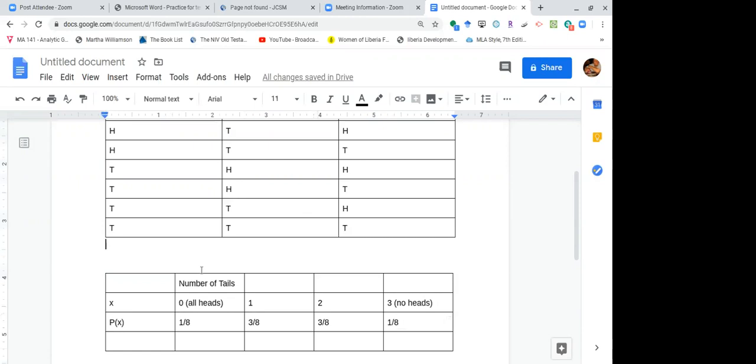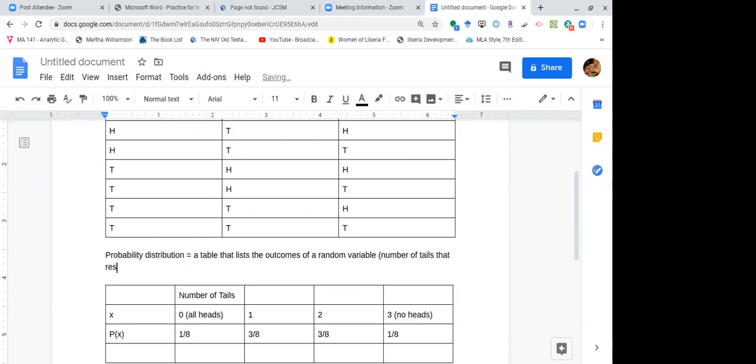So if he asks you, you don't have to do this, but if he asks you to construct a probability distribution, this is a table that lists the outcomes of a random variable, in this case, the number of tails that result from tossing 3 coins.